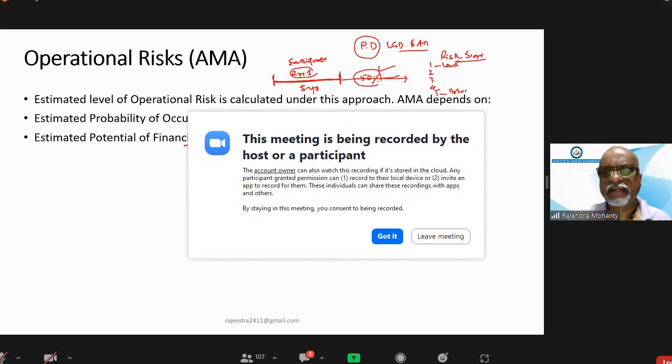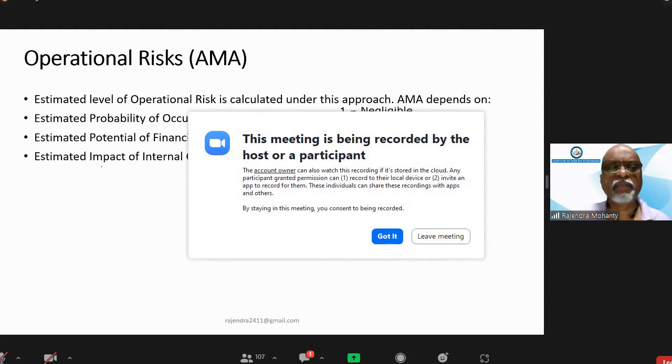So expected amount of loss can be estimated. So that amount can also be represented by percentage or by risk score. Just like probability of occurrence, you can also give a percentage or simply a risk score number.